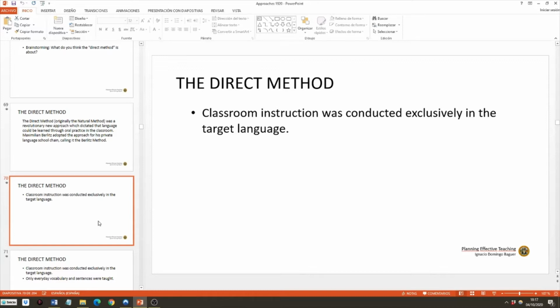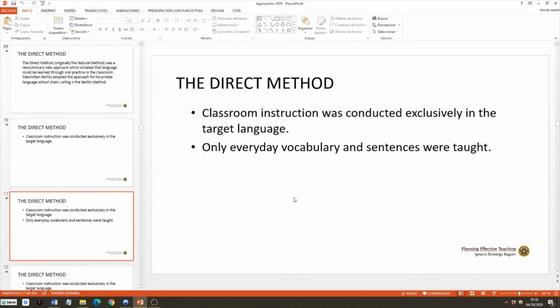The direct and audiolingual methods are still used by both Berlitz and Inlingua, at least in the beginners courses, and these are the first and the second most popular language learning franchises in the world. So, in spite of the predominance of the communicative approach, there is no question that the audiolingual method is still going strong nowadays. What are the main characteristics of both the direct and the audiolingual method?